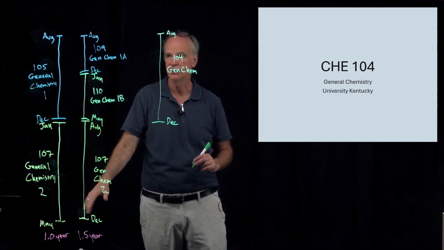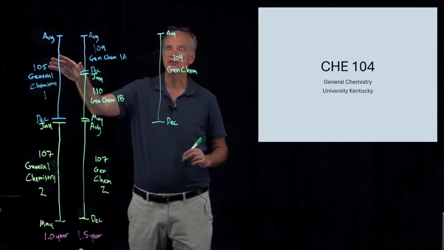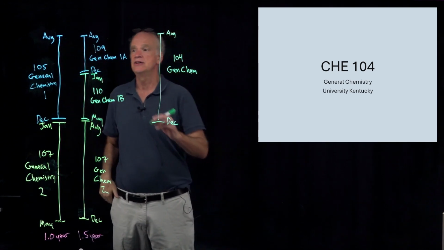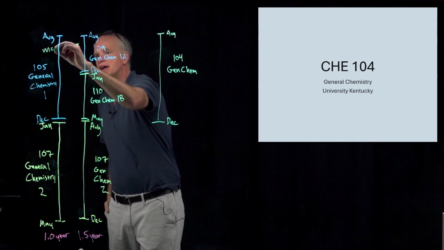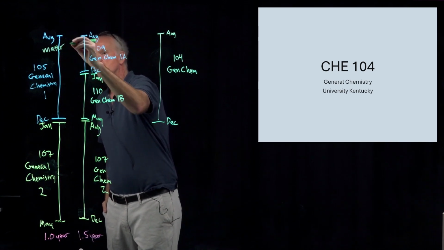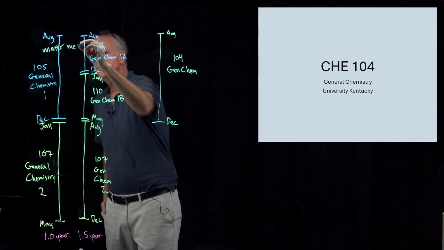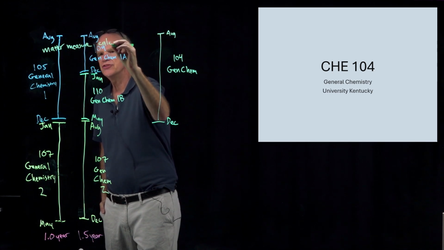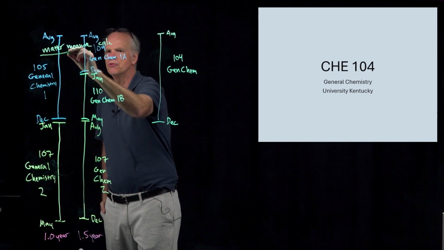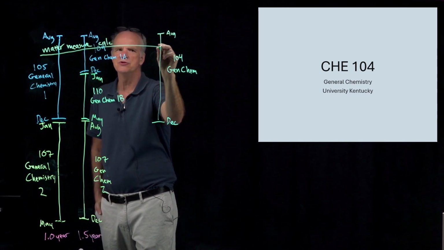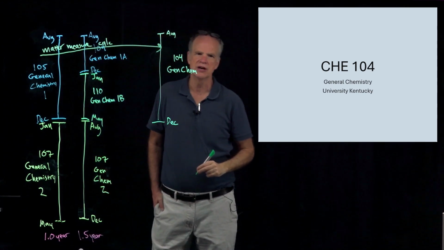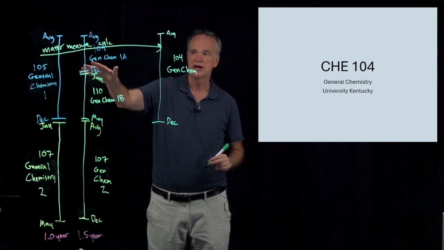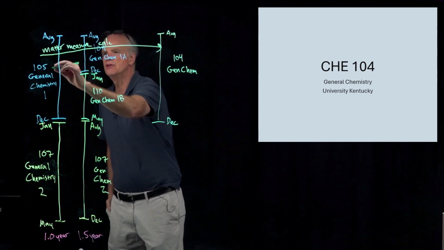For example, one of the things you learn pretty quickly in 105 and 109 is matter, and importantly, measurements and how to do calculations. That's considered pretty important, and we cover it in 104 at the same level of detail as in these other classes. And then you go into other things.